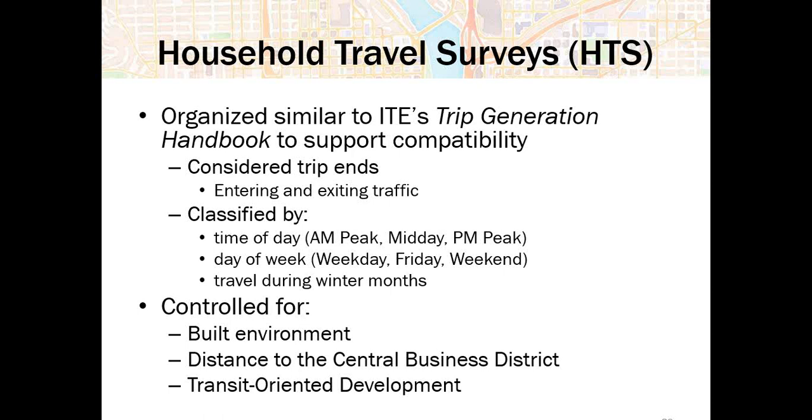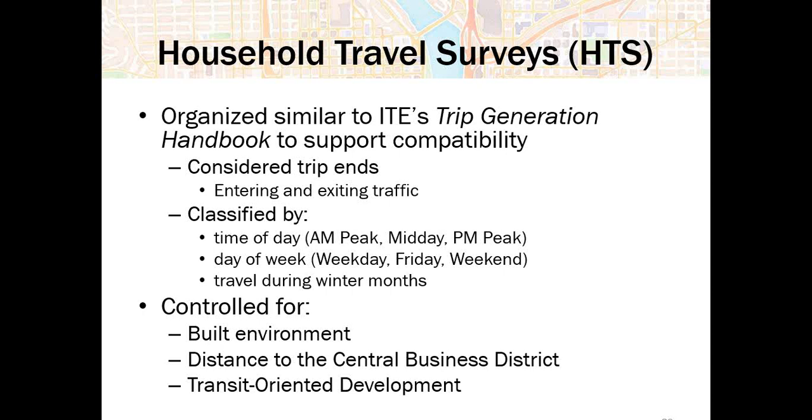I also used supplementary data looking at every observation and the establishment in which people were patronizing, and I collected information to describe the built environment. This included population density, employment density, intersection density, percent retail employment in the area, many, many different characteristics.